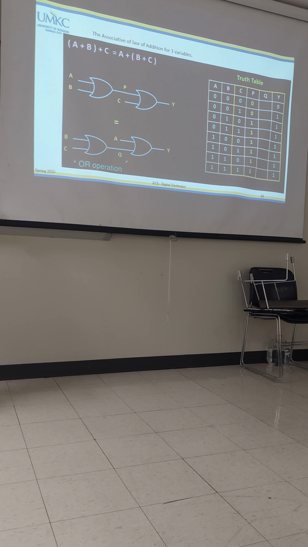That means whenever any input is 1, we get the same output. So in any way you design the circuit, you will get the same result. These two are known as the associative law. So we have the commutative law and the associative law.